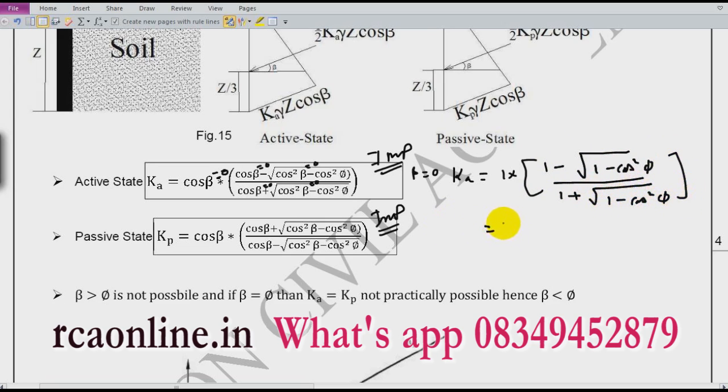If I simplify, I get 1 minus sin phi over 1 plus sin phi, which is my original formula. So it looks cumbersome, but it is a very simple formula. And remember that beta cannot be more than phi, since the soil will not be stable.